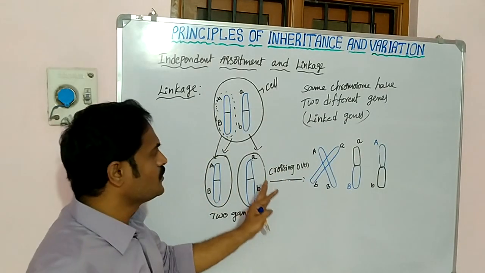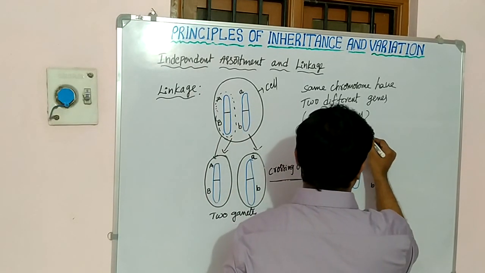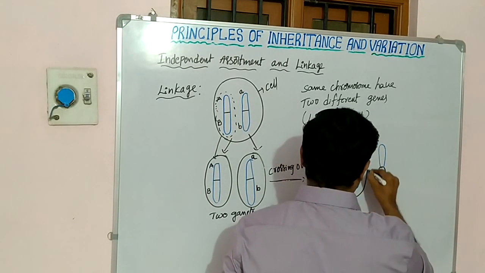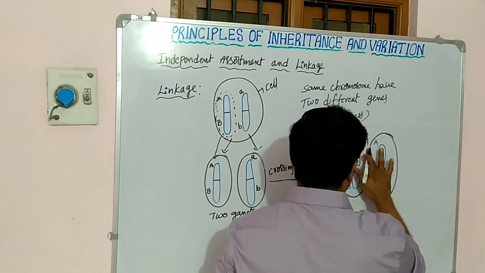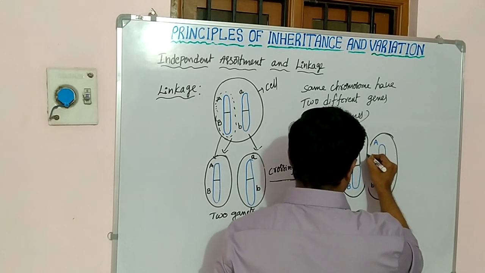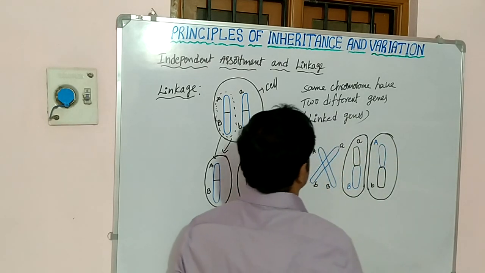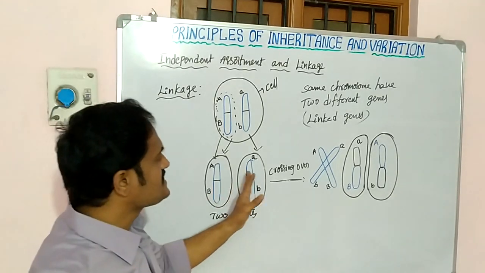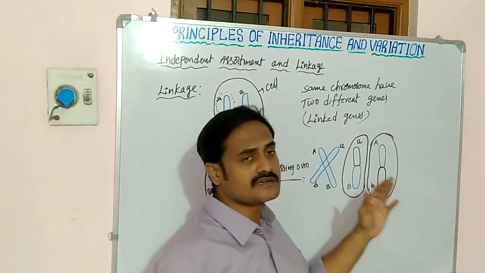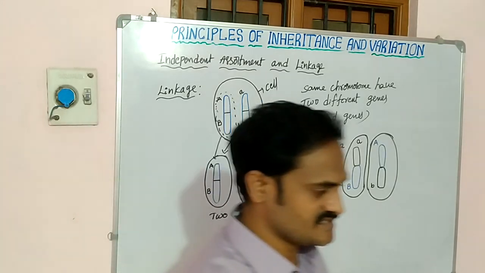Here also four types of gametes are possible. This is one type of gamete, and this is also one type of gamete. Like this, gametes are possible to produce. So this is about linkage, and such genes are called linked genes. Okay students, take a screenshot of this also.